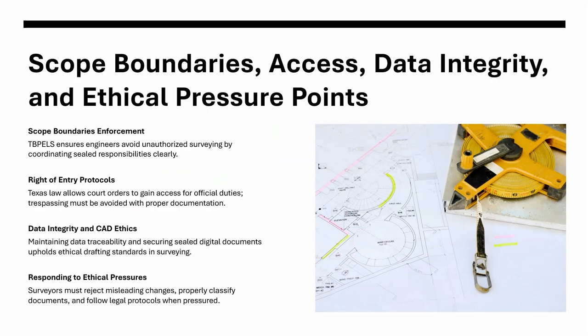Board policies set the line between engineering and surveying. An Attorney General request in 2021 specifically flagged concerns about engineers practicing surveying near the Texas-Mexico border, reinforcing the Chapter 1071 control surveying practice.